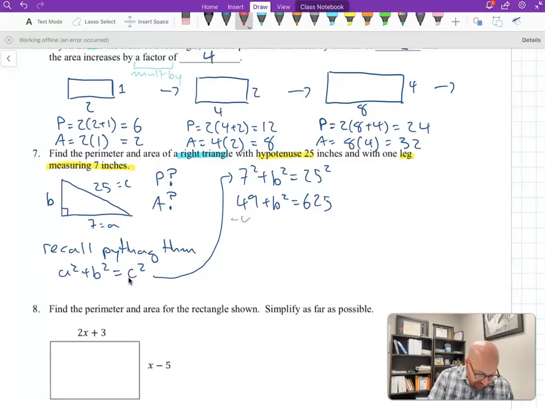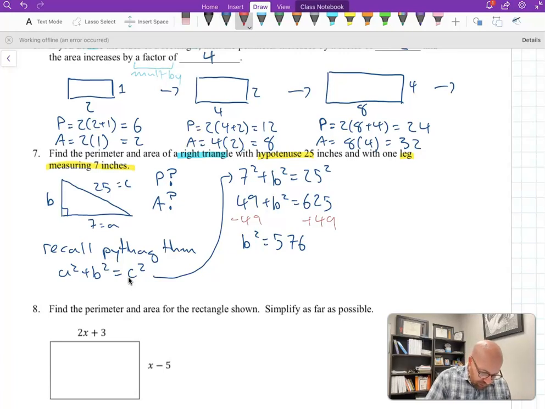We need to subtract 49 on both sides. So that is going to give us 576.